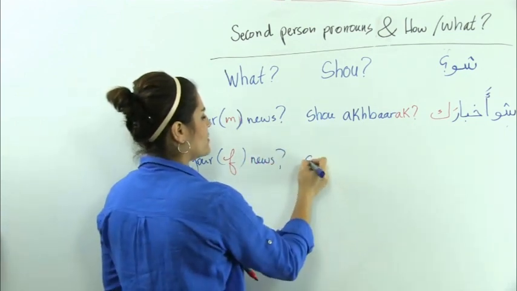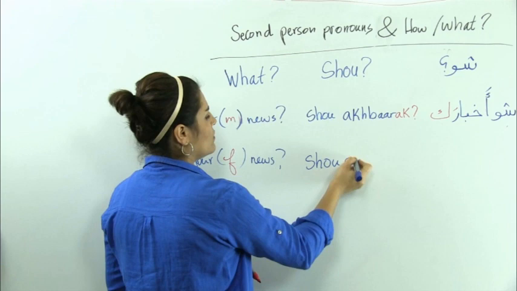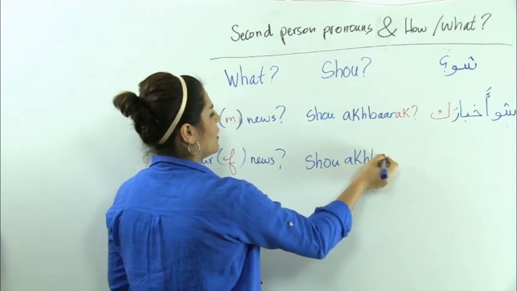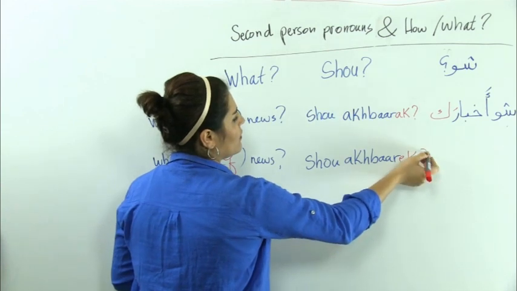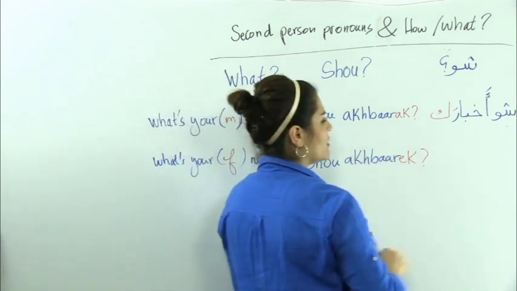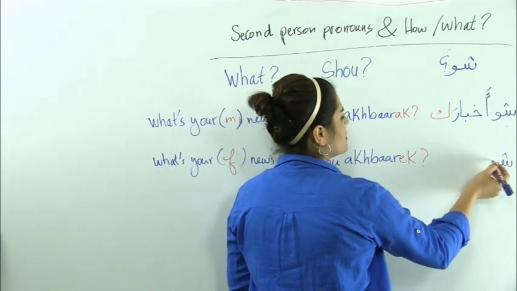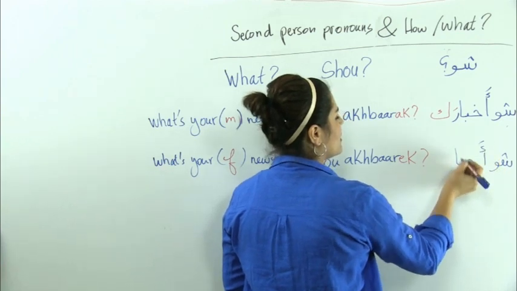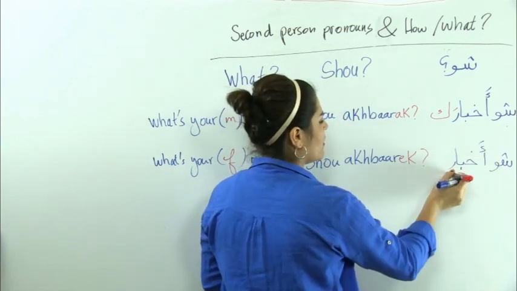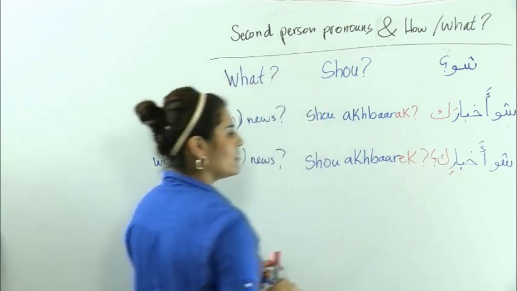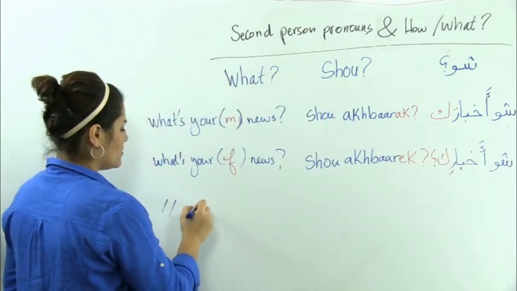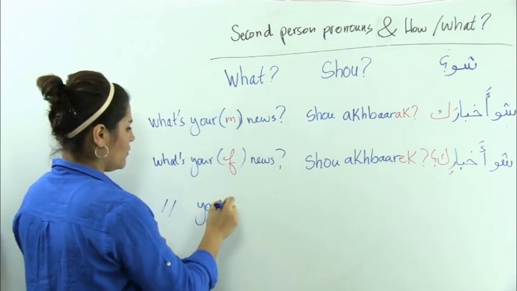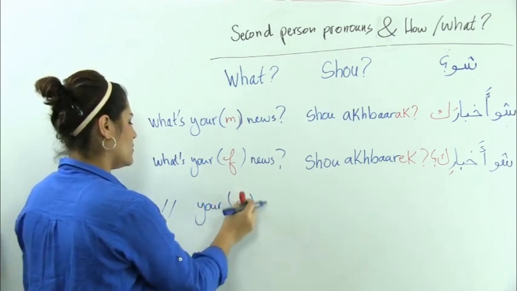The same thing, I'm going to be saying شو أخبارك. In Arabic I will be writing and saying شو أخبار, and then the suffix ik. The last one is I'm talking to a group of people, so I'm talking to plural.